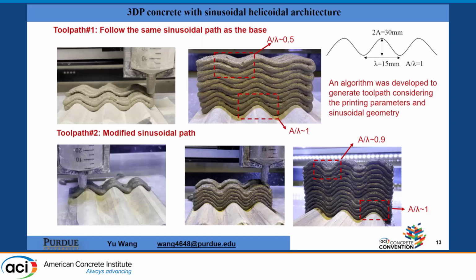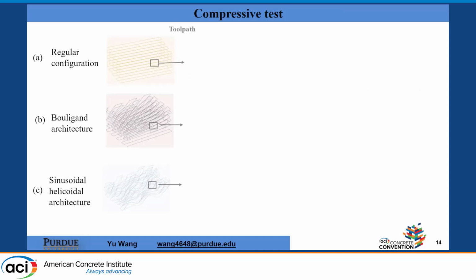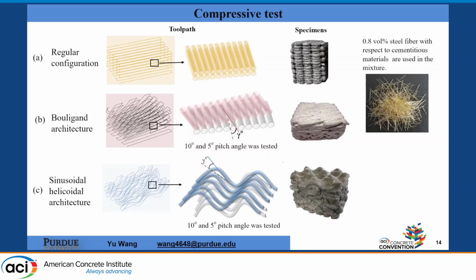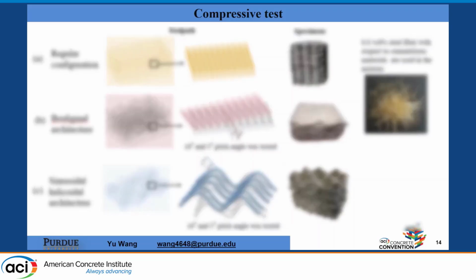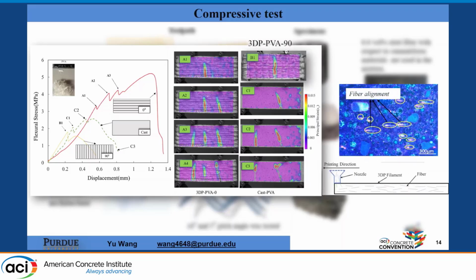So after we know how to print, while we achieve the helicoidal architecture, we run the compressive test with different configurations: regular, polygon, and sinusoidal helicoidal architectures. And then we also use steel fibers in the mixture, because in one of our previous studies we found that the incorporated fiber can increase the anisotropic level, because the fibers are really likely to align with the printing direction.